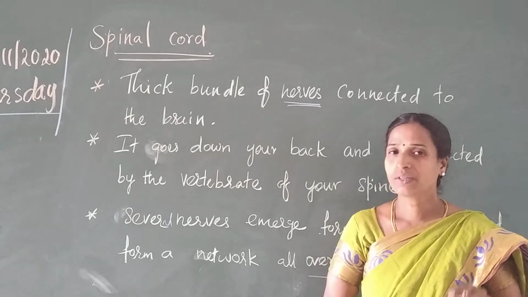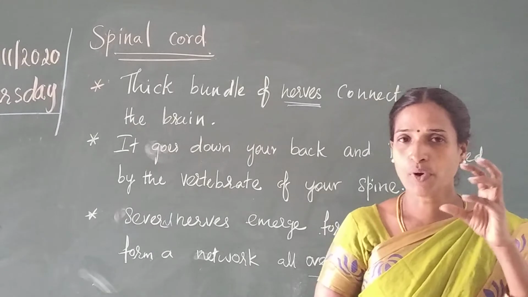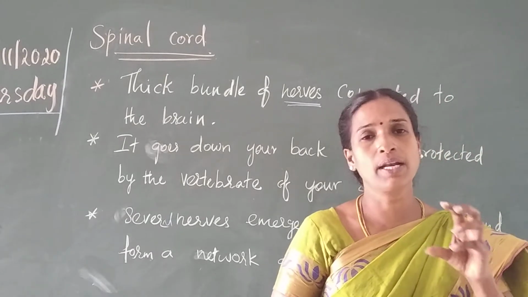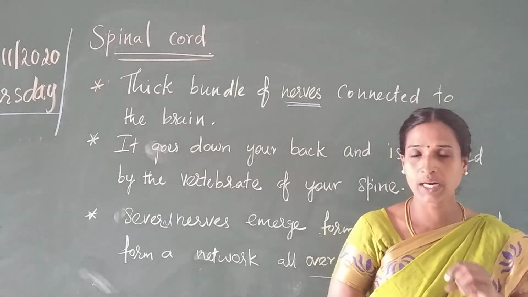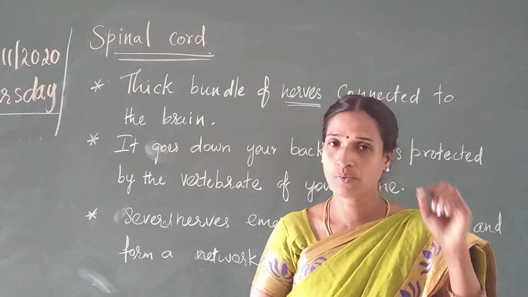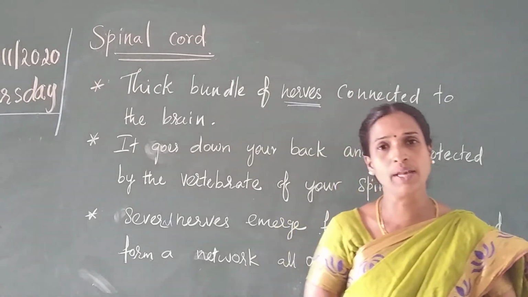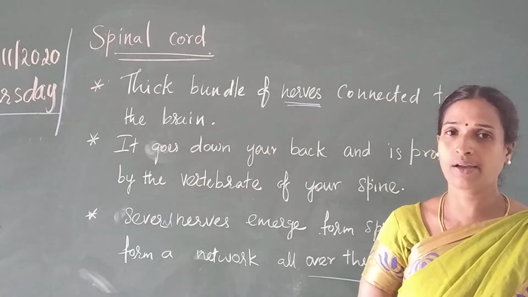So the spinal cord also performs an important function in our body. What functions are performed by the spinal cord, and what is the spinal cord made up of? That is what we want to learn. Children, see here, the spinal cord is a very delicate organ.